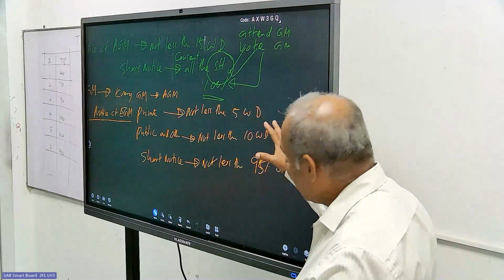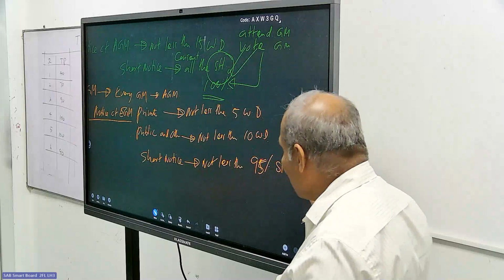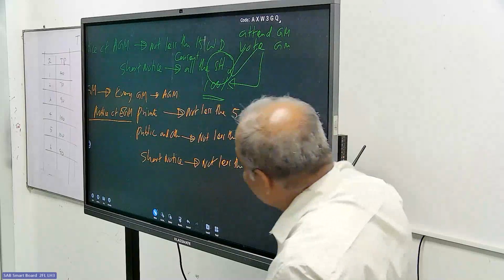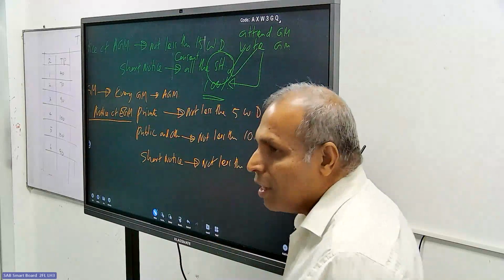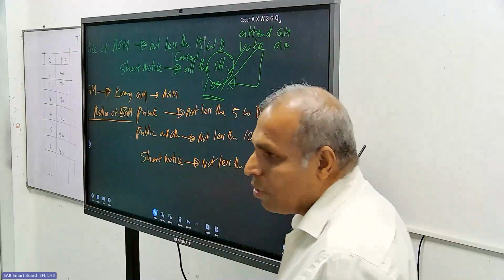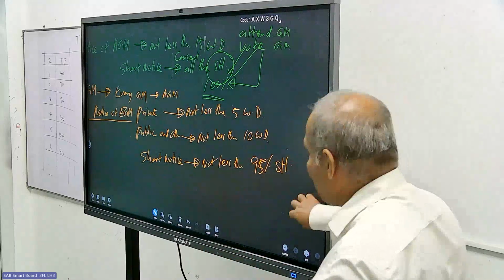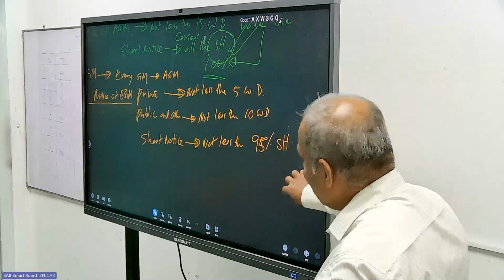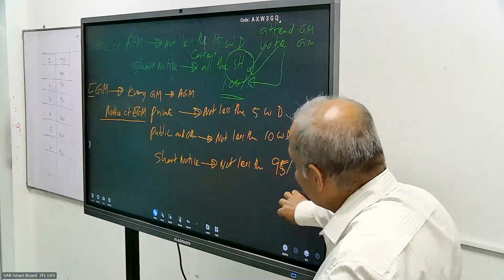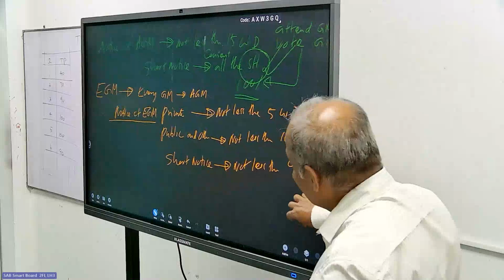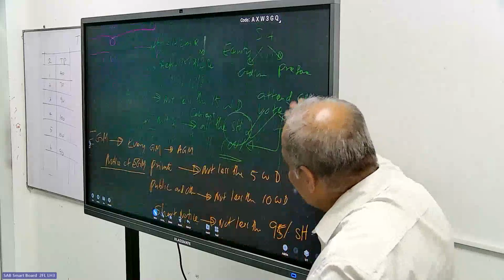But the AGM is a compulsory requirement. Once in each calendar year, the company must hold an AGM, annual general meeting.